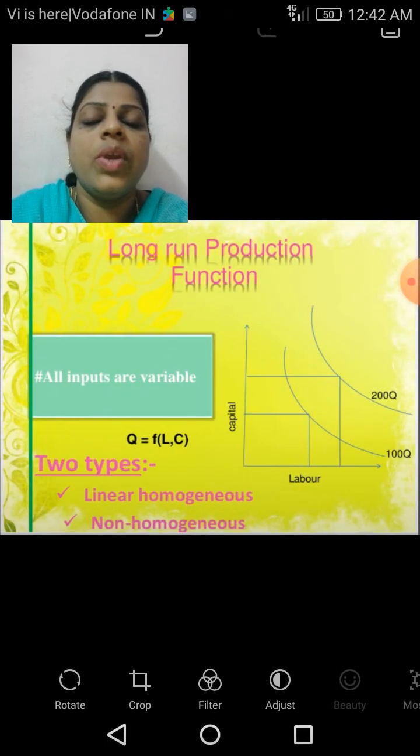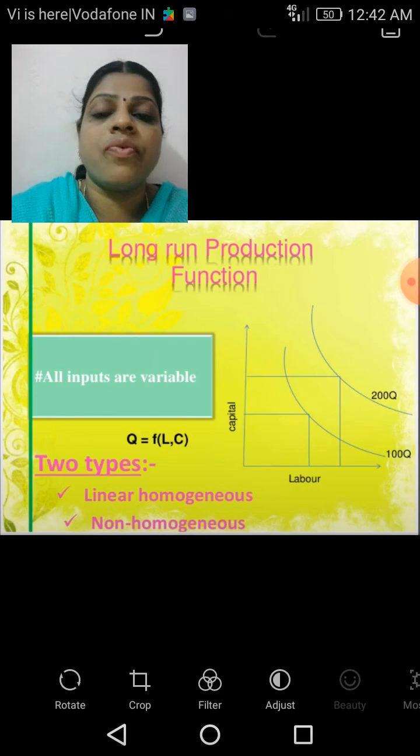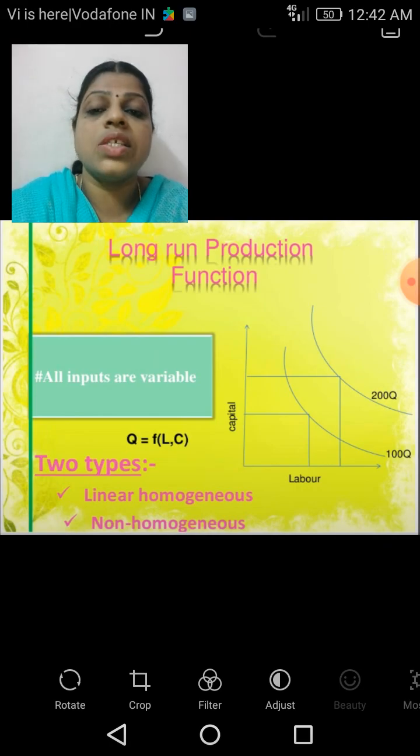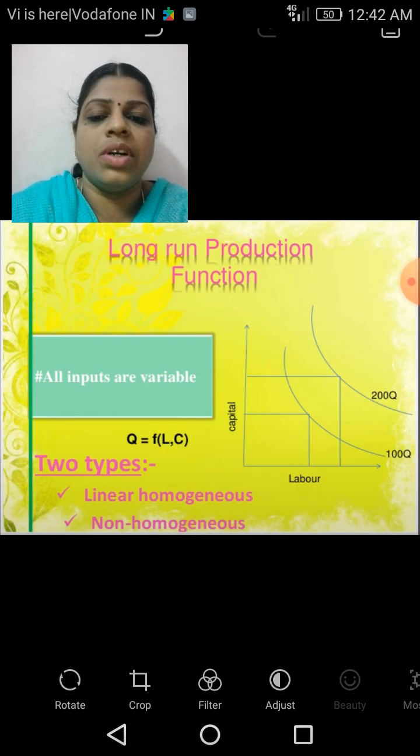Here we can see in this long run production function, all the inputs are variable, isn't it? Here we can see the capital as well as the labor in this diagram, it is increased. Not only the labor in the long run production function, both the factors, capital as well as labor, fixed factor as well as variable factor, change.